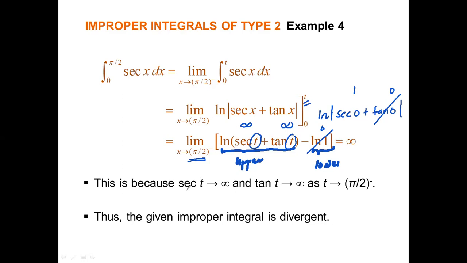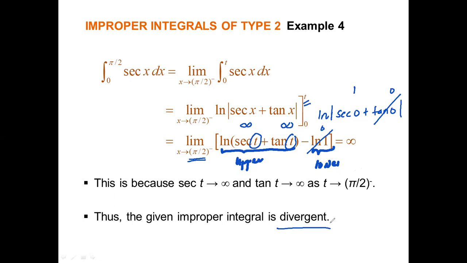This is because the secant of t approaches infinity and the tangent of t approaches infinity as t approaches pi over 2 from the left. So my question actually is being answered by this already. Thus the given integral is said to be divergent.